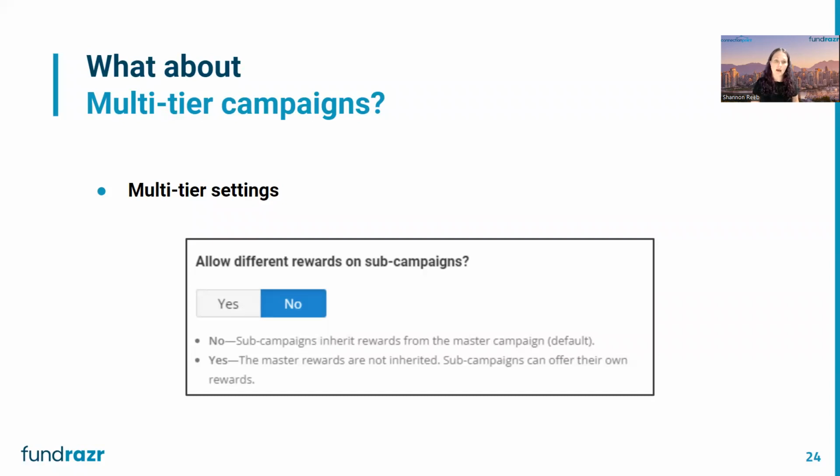You can allow sub campaigns to have their own reward items, or just inherit the ones from the main campaign that you created. So under your multi-tier settings in your main campaign, you will find this option, which is, do you want to allow different rewards on sub campaigns? Yes or no, and then save.